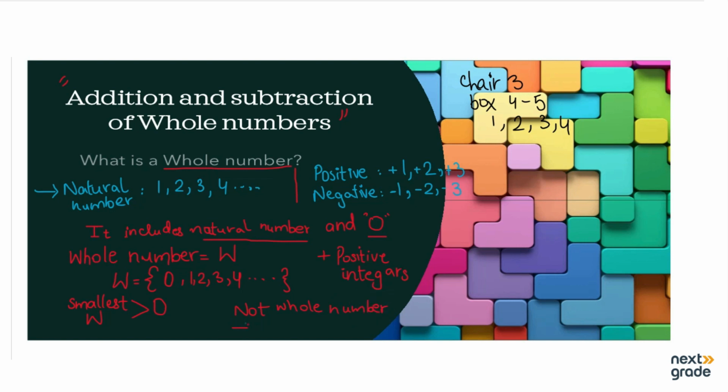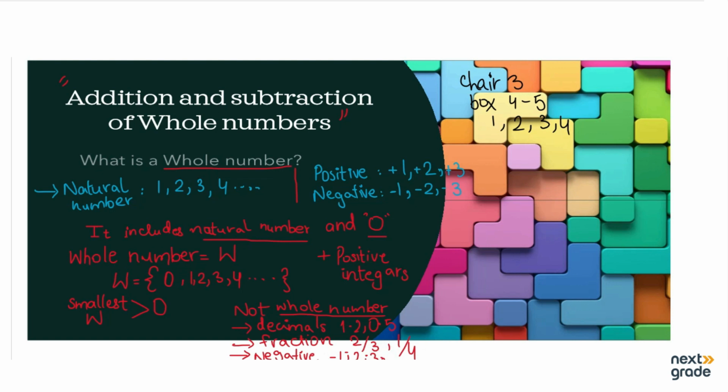That is, if the number is in the form of decimals, like 1.2 or 0.5, इनको हम कहेंगे कि होल नंबर नहीं है. इसके अलावा if they are in fraction form, for example 2/3 or 1/4, they are also not whole numbers. इसके अलावा if they are negative integers, तो उनको भी हम कहेंगे कि ये होल नंबर्स नहीं हैं.